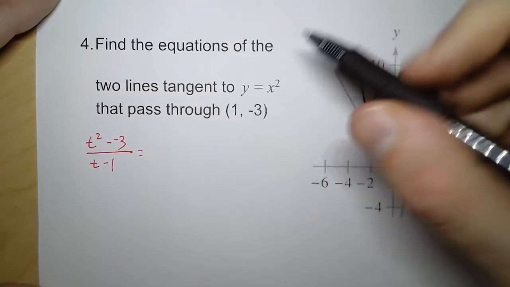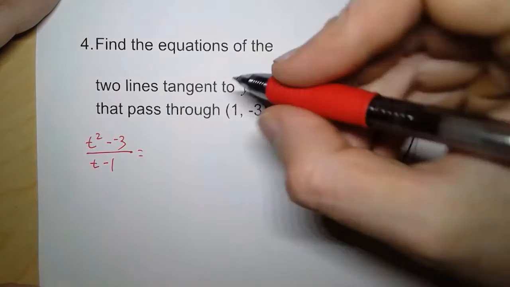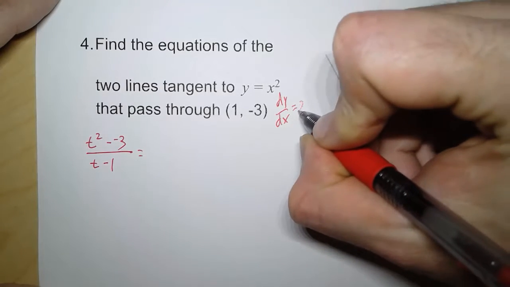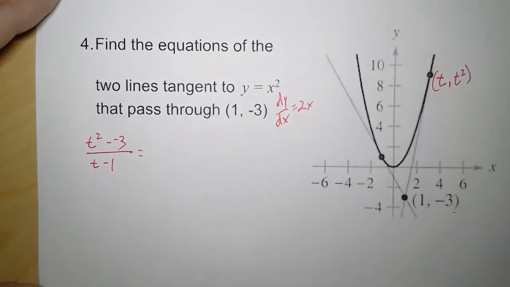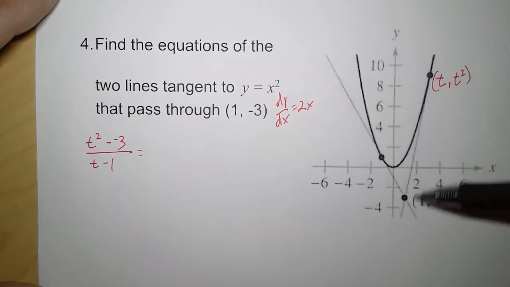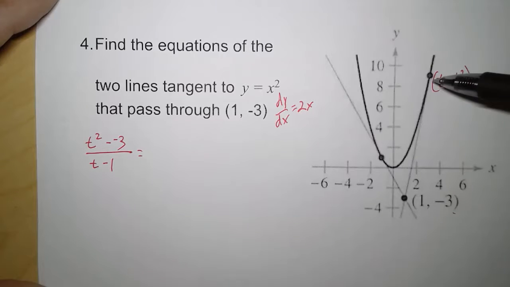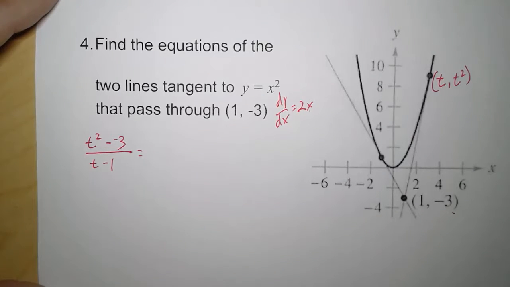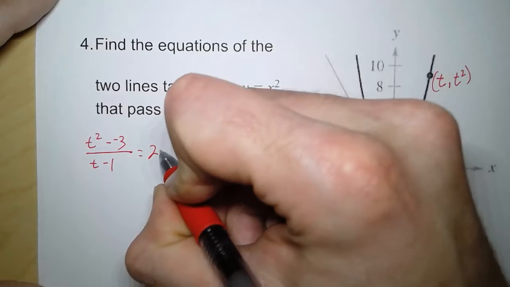So if y equals x squared, then dy dx has to equal 2x based on our power rule. So that means this is the slope by finding it between these 2 points. But because it's a derivative, we also know that whatever this x-coordinate is, the slope should be twice that. That's what the rule says. So we'll set this equal to 2t.